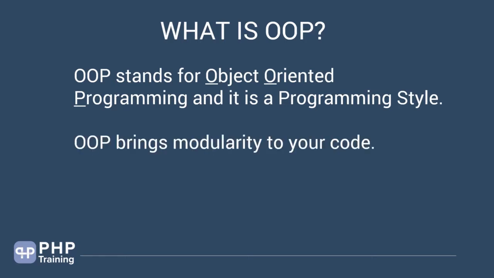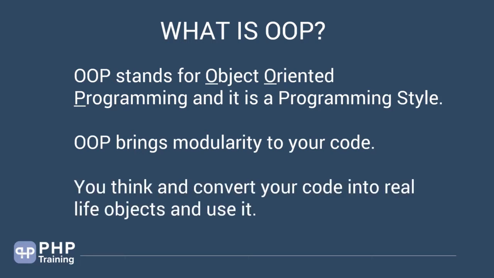OOPs bring modularity to your code, means you try to group your code and try to reuse it. And you think and convert your code into real life objects and use it. That's how the OOPs concepts work. You don't start writing your program, you take a step back and you think first, how do I convert my code into a real life object and then try to reuse it?